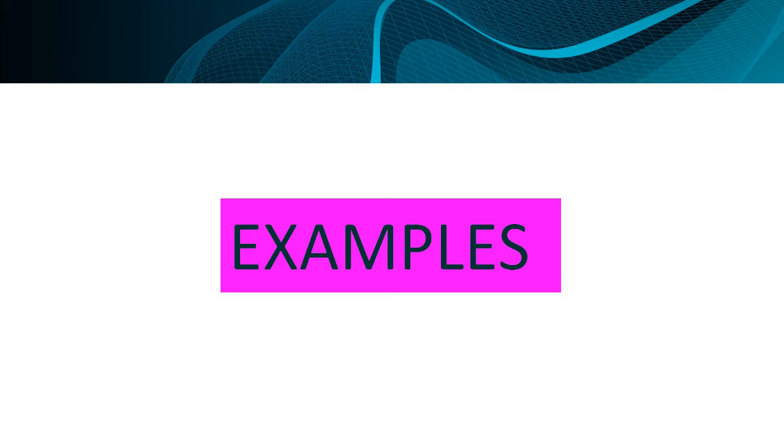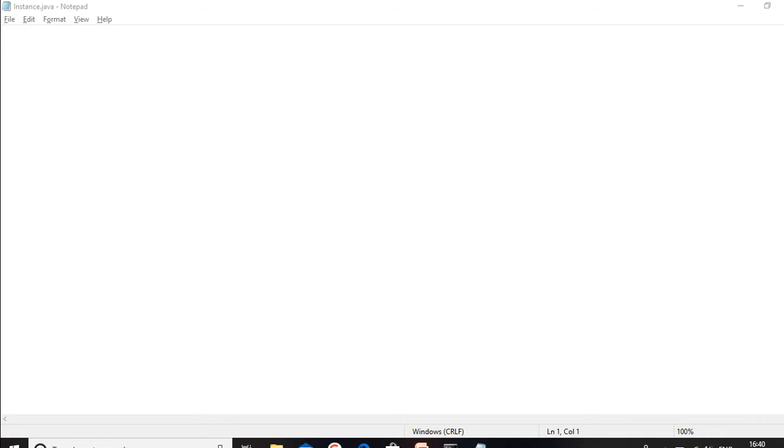Let us see some examples. Let us see an example for the instance variable. First of all, open a notepad and type class Instance. Then I am declaring the instance variable int m.